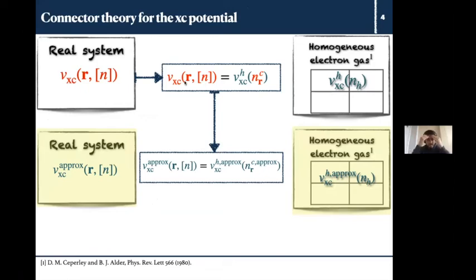Okay, let me stop you right there to make sure that I understand. It's like the LDA, but you're actually changing the input density. Exactly. In principle, it has to come somehow from the true density.